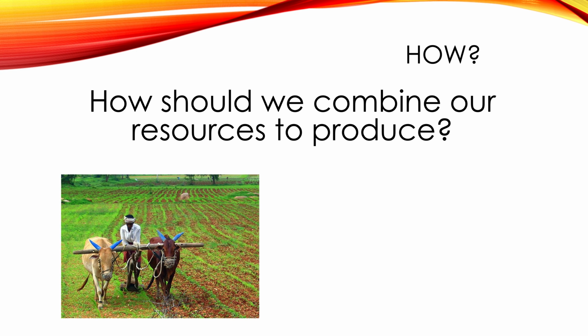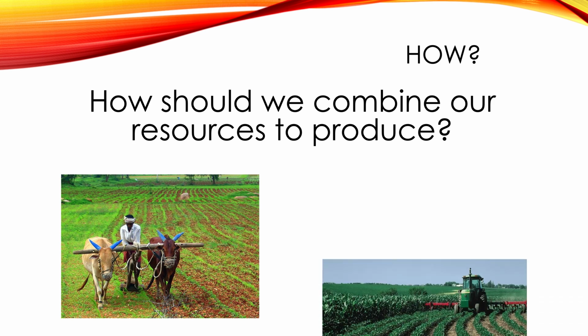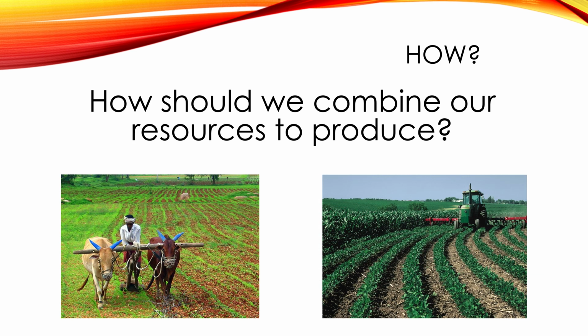Even this, though it looks basic, is still a form of technology. Or do we leave it up to businesses who are developing machines like John Deere? And are we giving farmers their own land to cultivate and letting them buy machines? There are so many ways to answer this question. Questions of efficiency of allocation, efficiency of production. There are so many ways that firms or just economies in general can produce things.